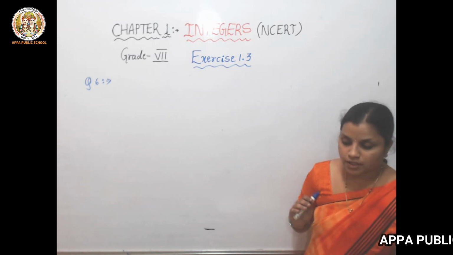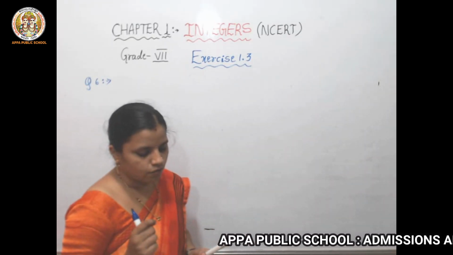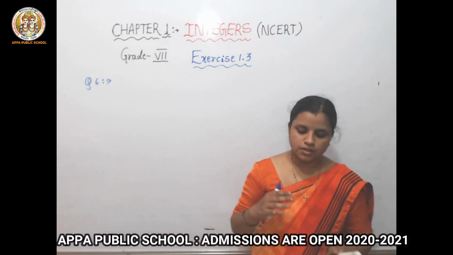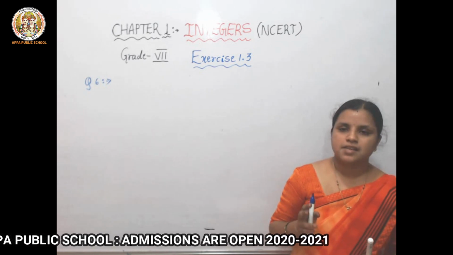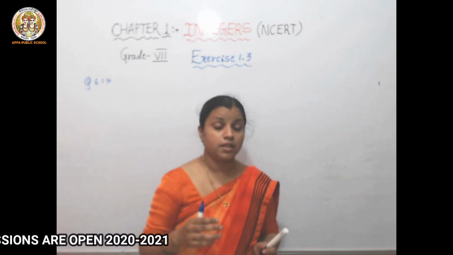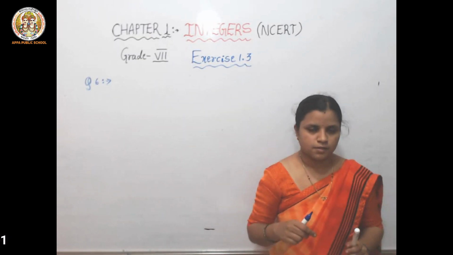So what is the initial room temperature? It is 40 degrees Celsius. Then what is the change in temperature per hour? As they said in the question, it is 5 degrees Celsius, but here we will take it as minus 5 degrees Celsius. Why minus 5?